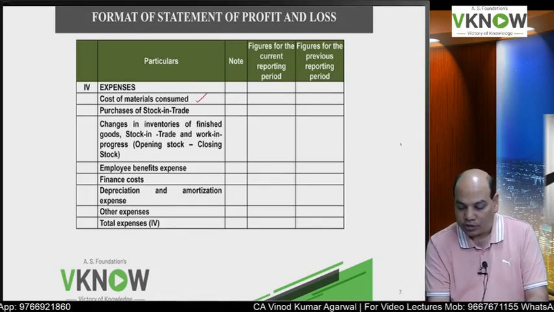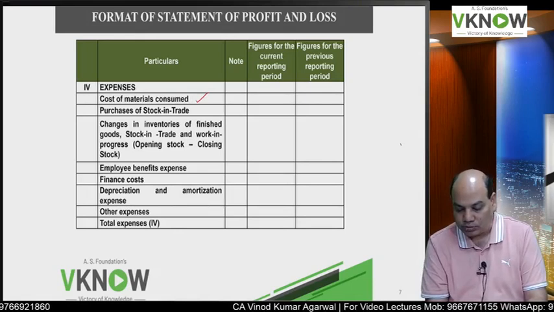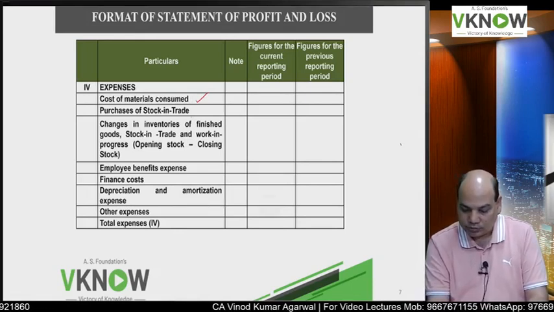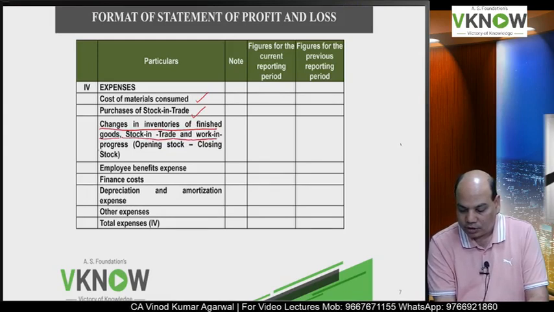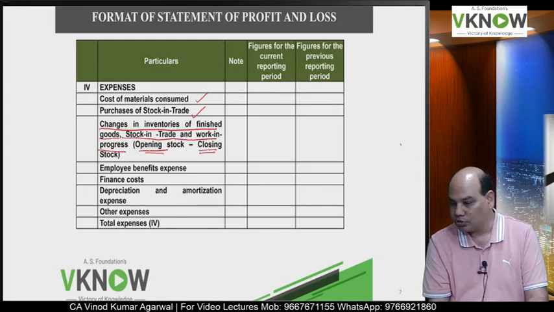Expenses have the following headings: cost of material consumed, purchase of stock in trade, then change in inventories of finished goods, stock in trade and work in progress. Change in stock will be opening stock minus closing stock.